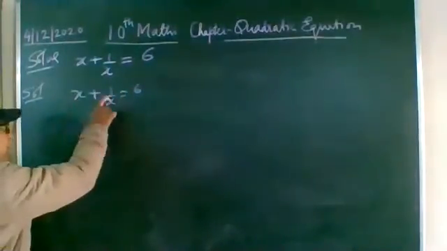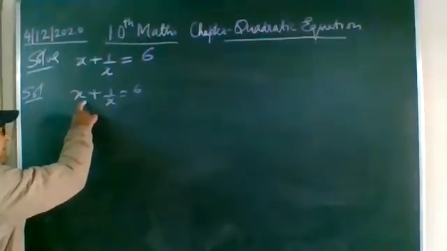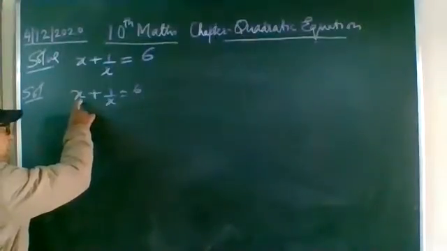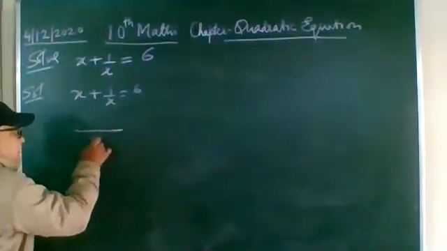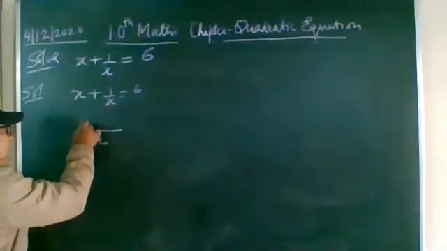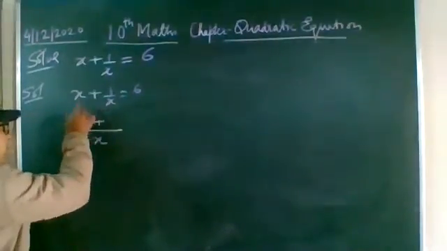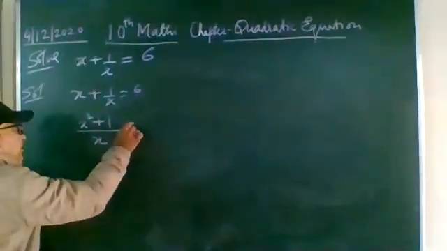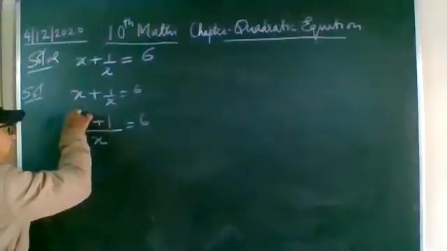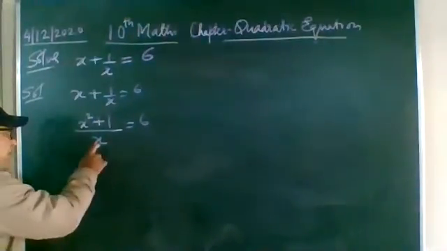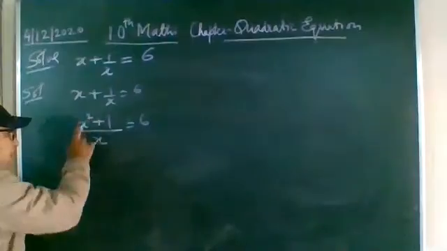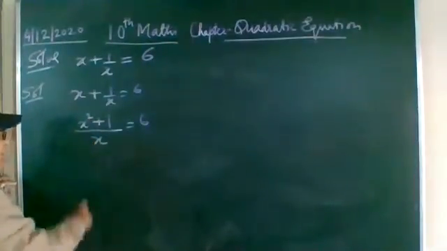What you can do here, it is a fraction. Here we are reading x plus 1 upon x. So you have to take the LCM, x, then x square, because here you are taking 1 below this x. So when LCM x is divided by 1, you will get x and you will get the x square.